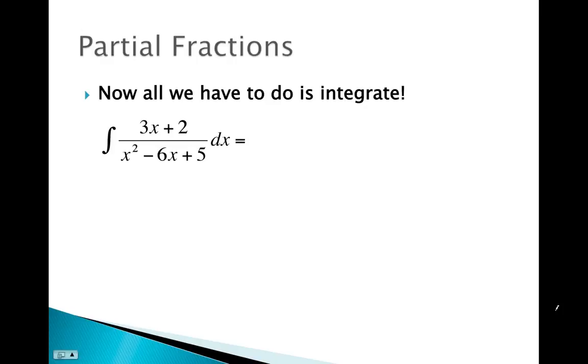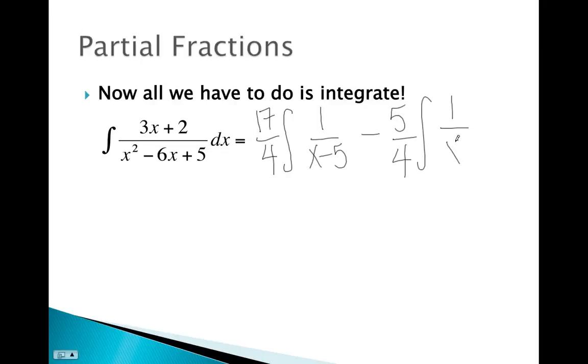Let's do some calculus. So this is the problem we just did. Let's see if we can remember what it came out to. I think it was 17/4 times the integral of 1 over x minus 5 minus 5/4 times the integral of 1 over x minus 1.